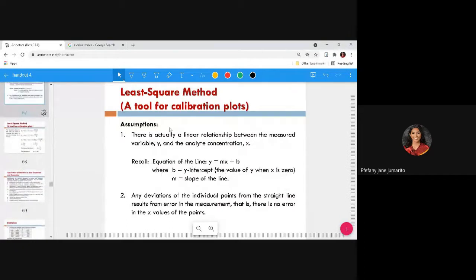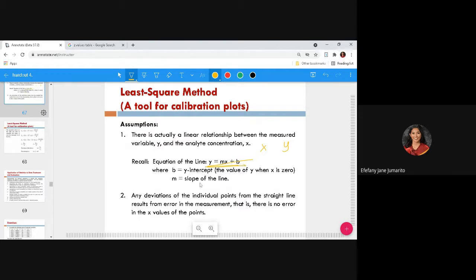All right, this one we have the least square method. If you are given data in x and y, you are going to create an equation of the line.